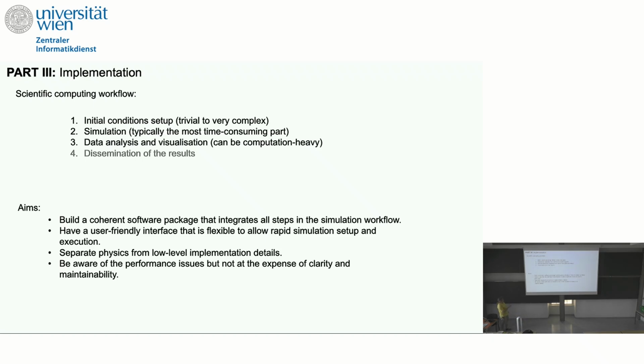I want to use abstraction as much as possible, right? So I want to separate physics from the nitty-gritty details of things like memory implementation. If I want to add a term to the energy, I don't want to have to go there and remember what pointers are doing in memory, right? I want to avoid that as much as possible.